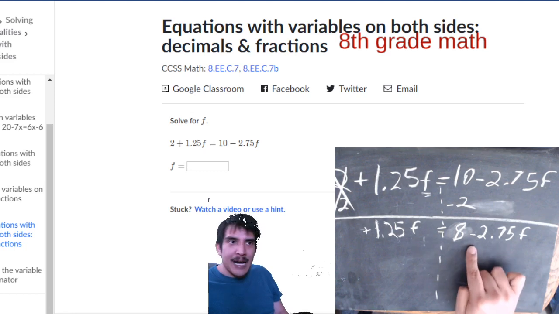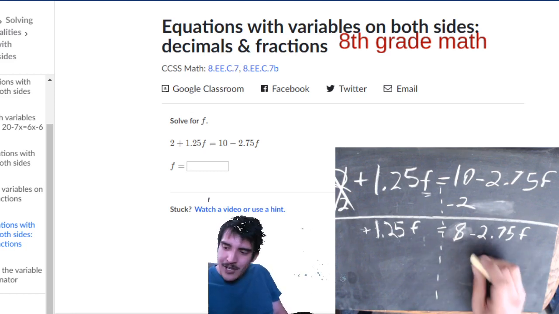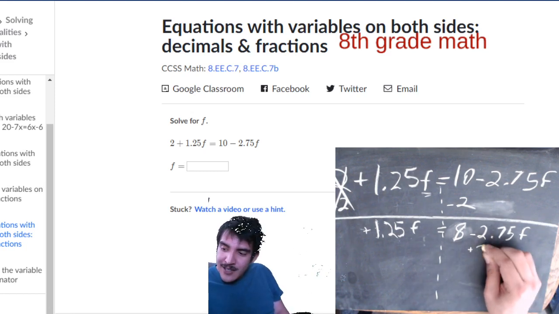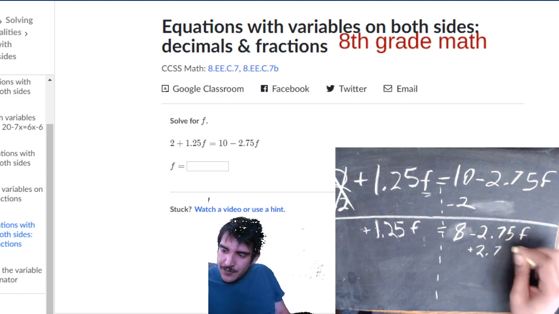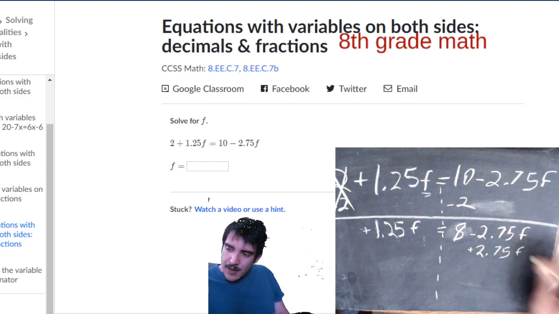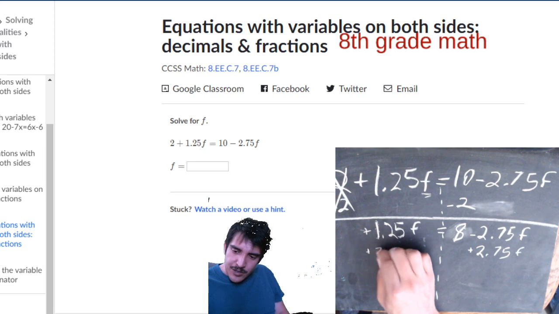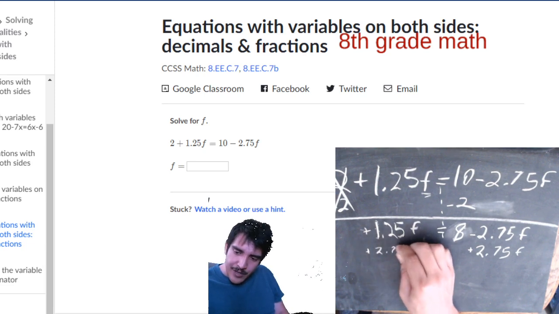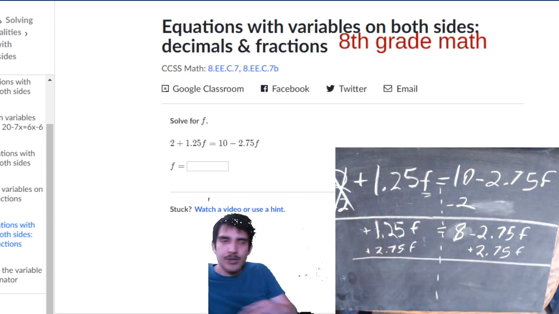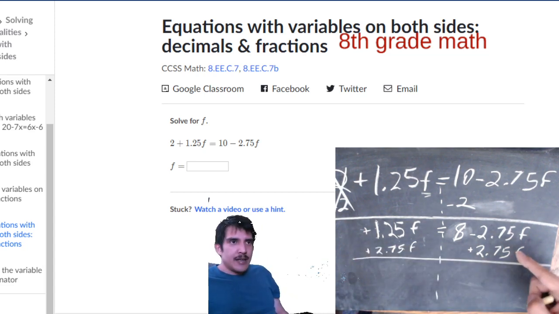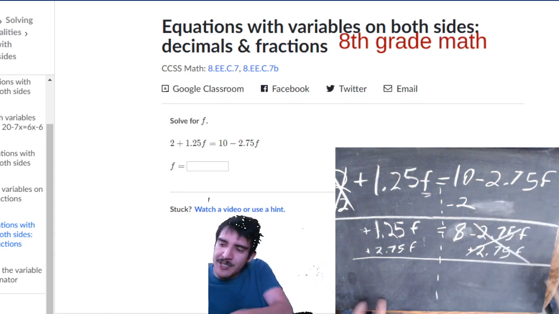So how do you get rid of minus 2.75 f? You can do plus 2.75 f. Okay? Boom. Negative 2.75 f plus 2.75 f, opposites always cross out.